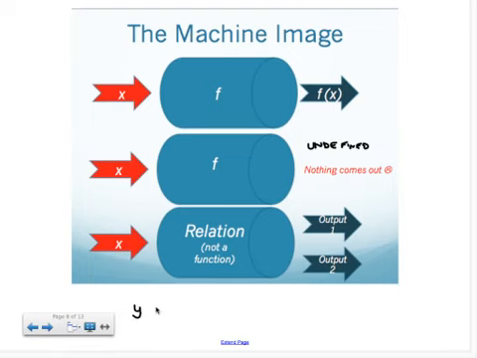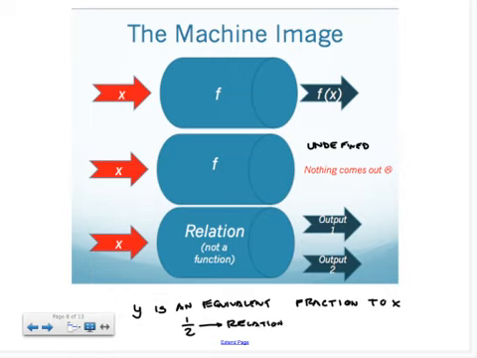So I could say y is an equivalent fraction to x. So if my x was 1/2 and it went into this relation, it's not a function, because you're going to see here in a second, multiple things can come out.